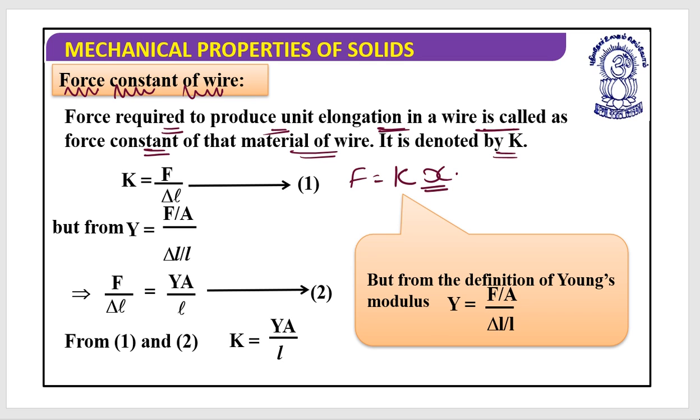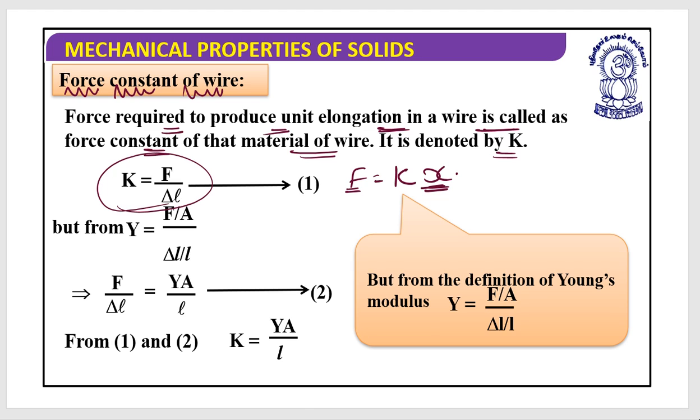At that time we used Hooke's law, F is equal to K into X, where F is the applied force and X is the extension, or expansion, or it could be a compression in that case.